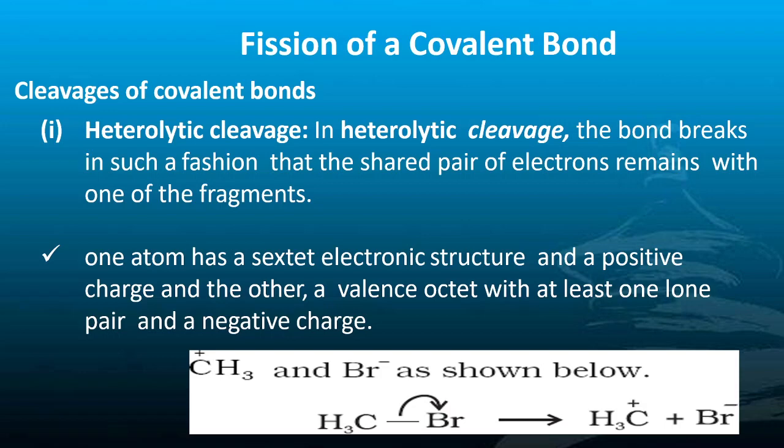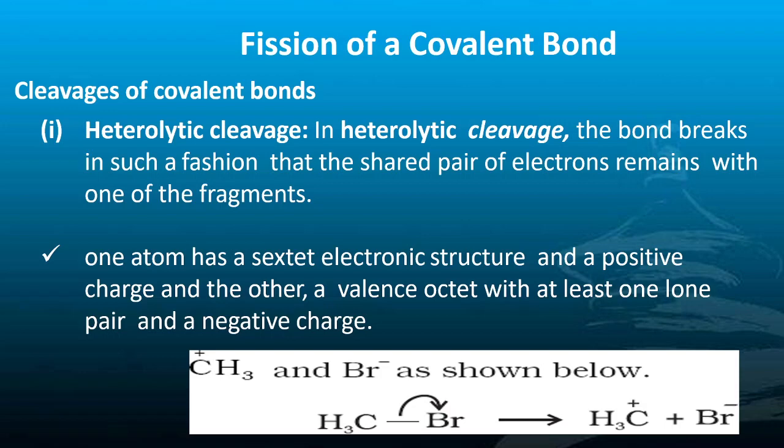In the case of heterolytic cleavage, what happens? The bond breaks in such a way that the more electronegative atom takes away the electrons. Meaning if the bond is breaking, then one part will bear the negative charge and the other part will bear the positive charge.